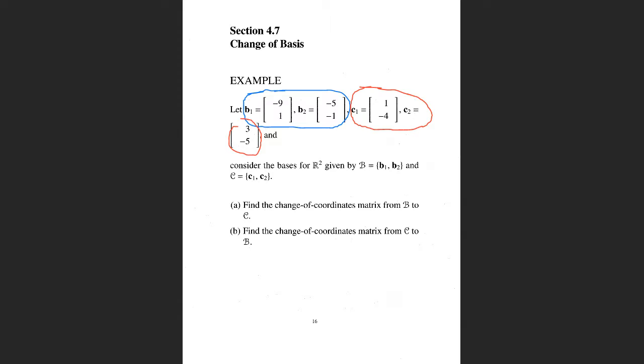What space? Well, I guess it's given to you: R squared. So we want to find a change of coordinates matrix from basis B to basis C, and from basis C to basis B. We want to try to do this in an efficient way, so I'm going to show you how.